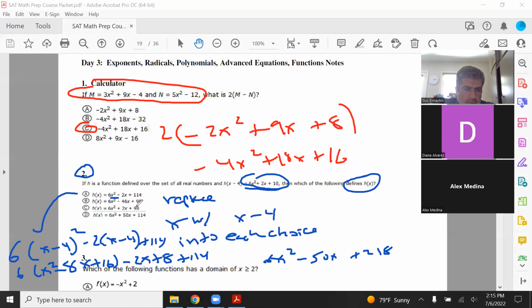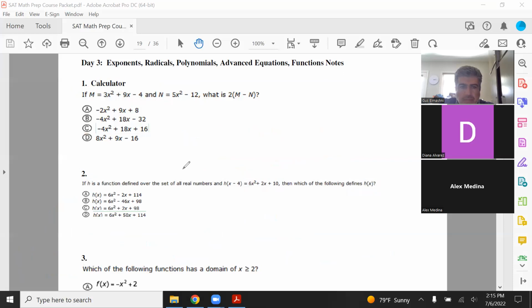Yeah, so another way you could approach this problem is you could let x equal a number. Let's say x is 5. Then you have this. But x is 5, right? So you have to put 5 in for x.